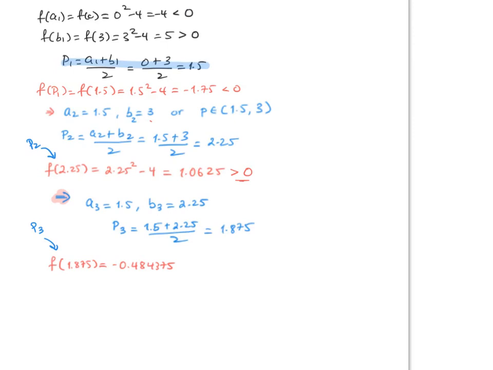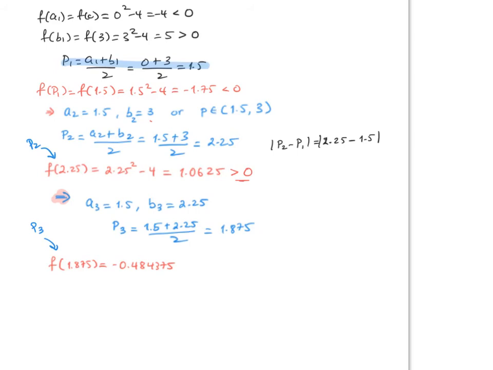For example, from here, if you do a P2 minus P1, you can see that the error at the beginning is pretty big. So P2 was equal to 2.25, and then P1 was equal to 1.5. So that would be the absolute error.